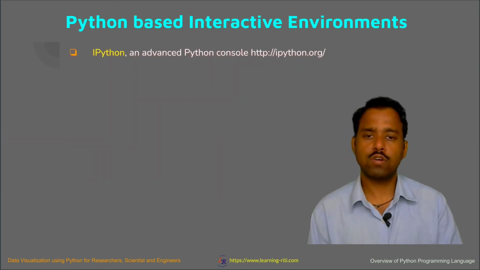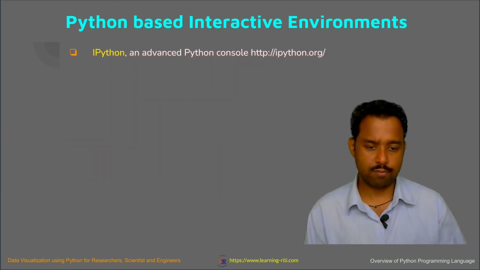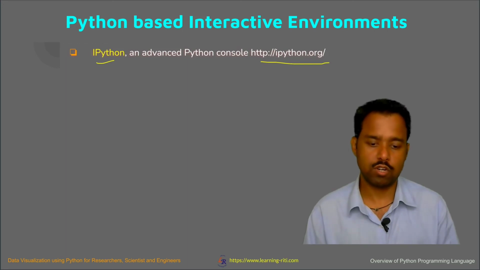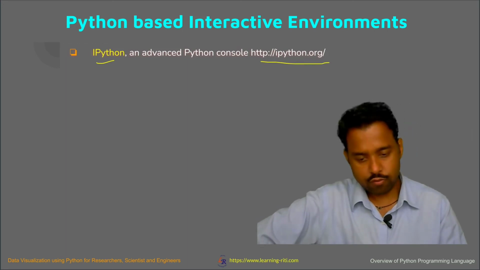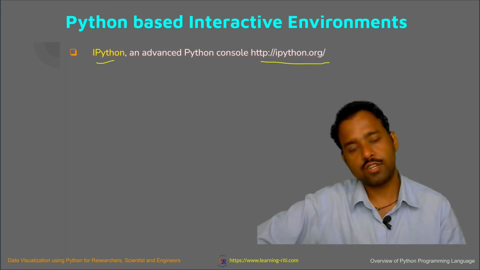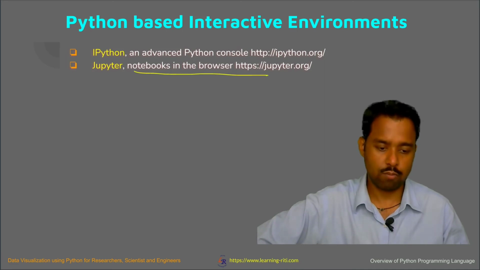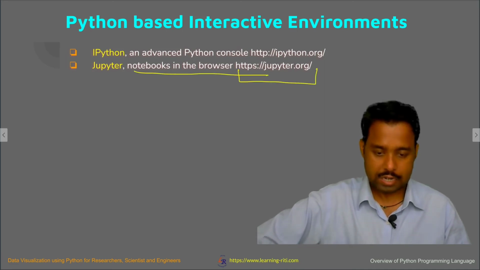So now let's have a look at the Python-based interactive environment. The first is IPython, Interactive Python as we call it, and you can find more details about IPython on that. The one we are going to follow in this series is Jupyter, the work environment. It is a browser-based notebook. You can see more details at jupyter.org.